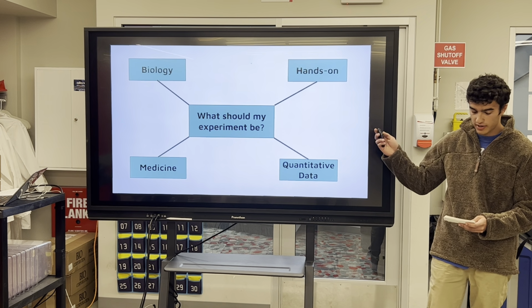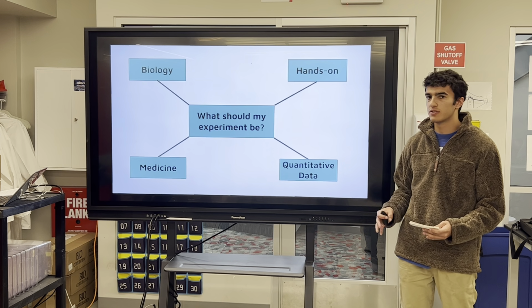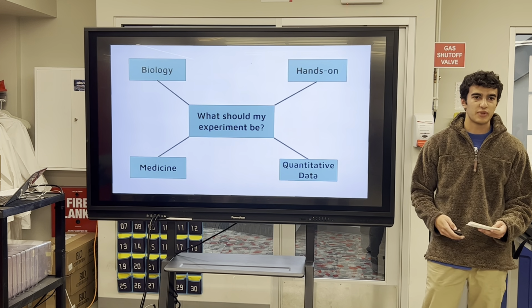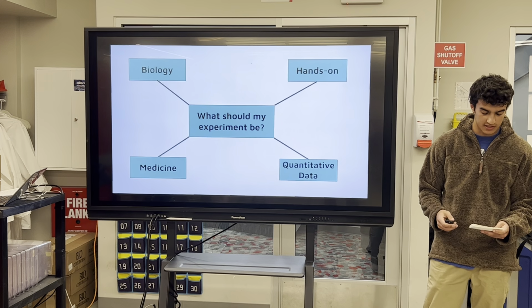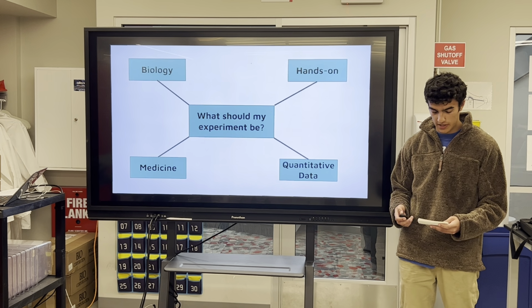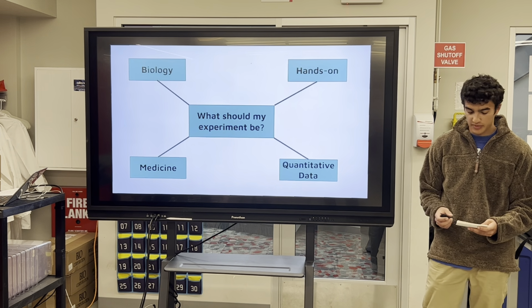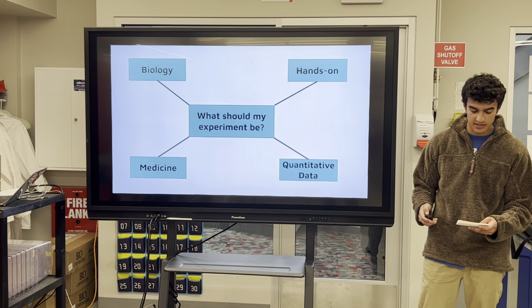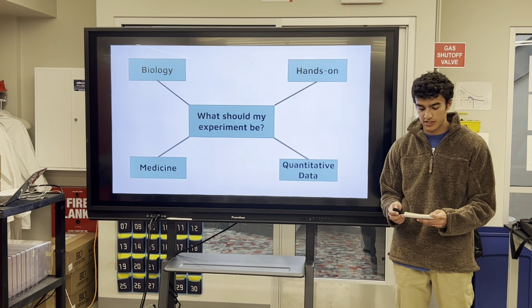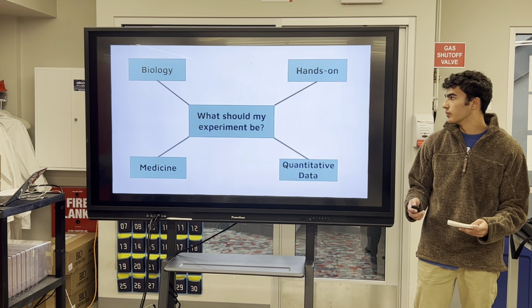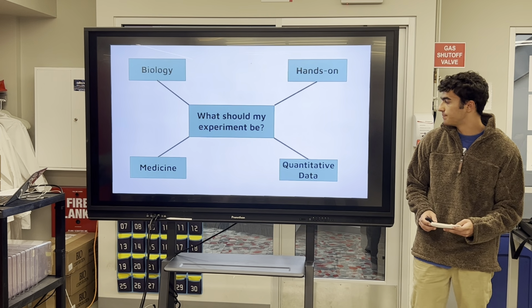I also knew I wanted my experiment to be hands-on, sort of meaning that it would be something where I could interact with subjects as I collected data, rather than just using surveys. I knew this was something I wanted after participating as a subject in AP Research students' projects as a junior, and just having a really positive experience with that overall.